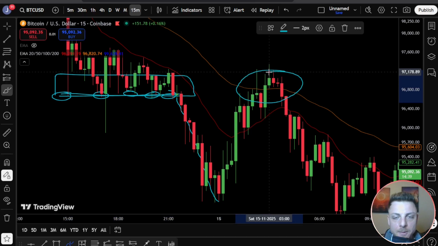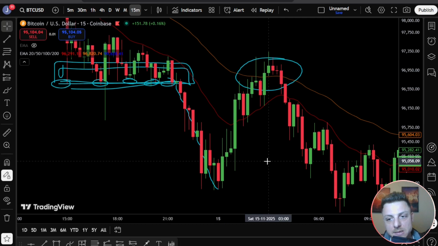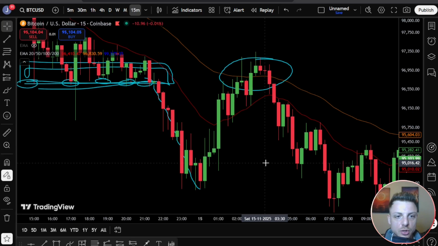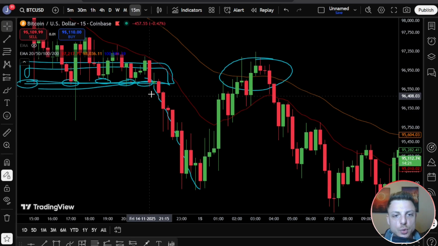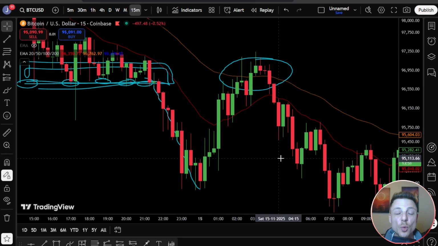Price comes back, retests the 50 EMA, retests this high volume zone, and then what happens? We get the continuation of that initial trend, of that initial breakout. These strategies work extremely well in quiet times and even extremely volatile times, only looking for that trend continuation.